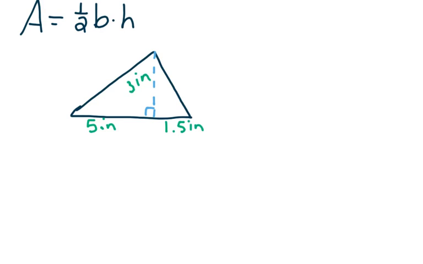Okay, now we can determine the area of our triangle by breaking it down into two separate triangles. So you would have the one on the left here, and then you would have the one on the right here.